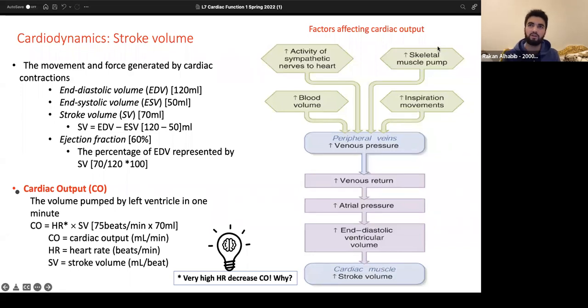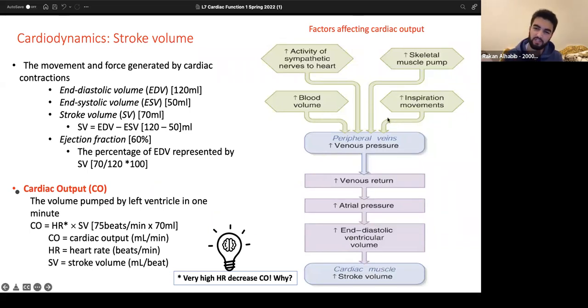When you walk, the muscles of the lower limb will contract, for example the gastrocnemius, a very good example in the lower leg. When they contract, they compress these veins, so there's nowhere else for the blood to go but up, and eventually it will go to the heart.